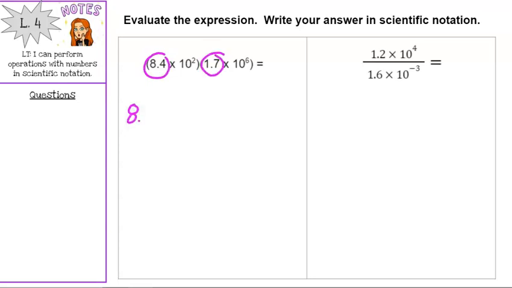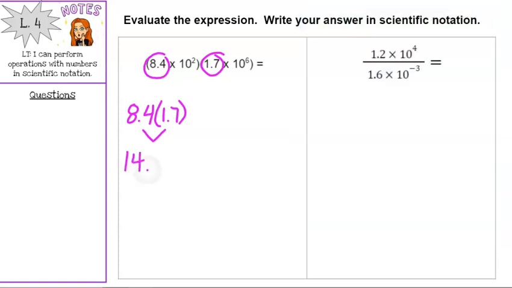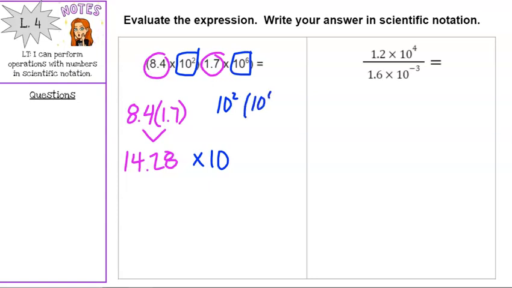We're going to do 8.4 times 1.7, and when I do that, we get 14.28. And that is going to be times 10 to some power. So we have to use our powers of 10, 10 to the 2nd times 10 to the 6th. When we're multiplying with powers, we can add our exponents. So we'll go 2 plus 6, and that gives me 10 to the 8th power.